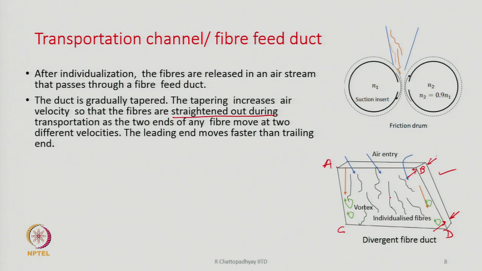Fibers basically have a length dimension, and hence the leading end and the trailing end of the same fiber will be moving at two different velocities depending upon where exactly they are located, and this little difference in velocity is going to straighten them out. That is the advantage we get by having a tapered transport channel.